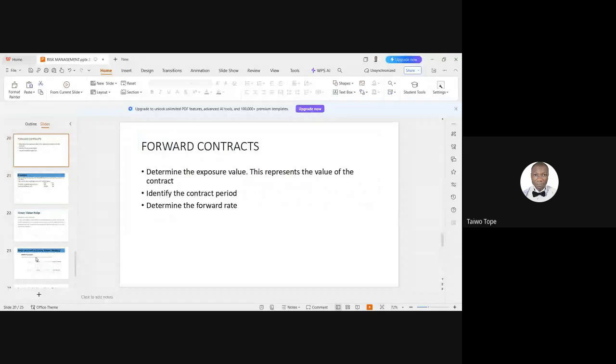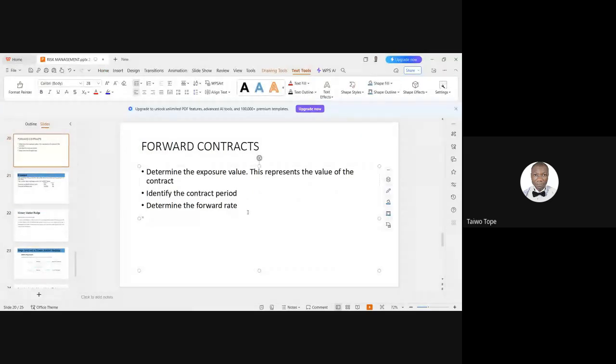I was talking about the forward contract that determines the forward rates, and you calculate the guaranteed payment. That is the sure value you are expected to receive.